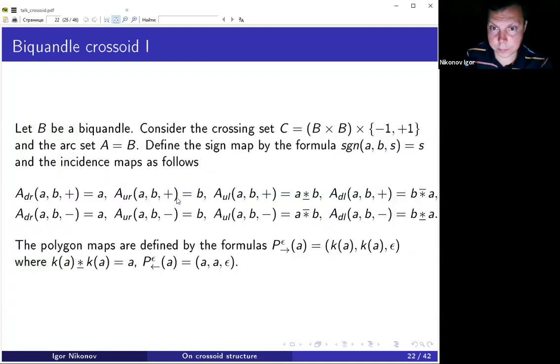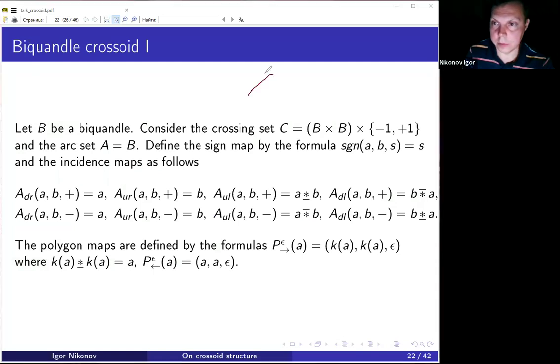And another example is the biquandle crossoid. So if we have a biquandle, then given a crossing, we have two colors of edges incident to this crossing. I will take the right incident edges.